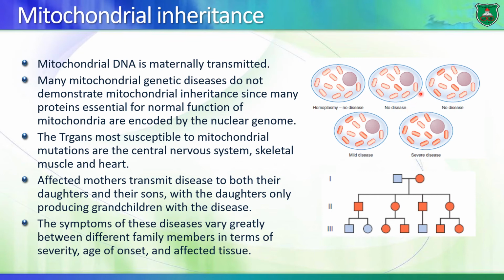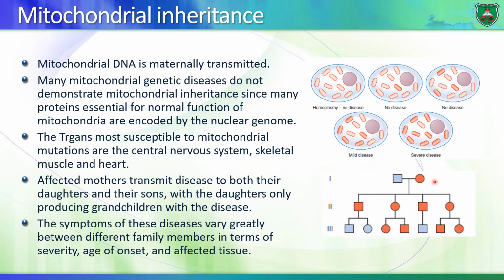If there is a very low number of affected mitochondria, then the person would show no disease. But if all or a large number of mitochondria carry the mutated DNA or mitochondrial genome, then the person would have a severe disease. If it is like 50-50, let's say, the person would have a mild disease. So there's variability in the severity of the disease.